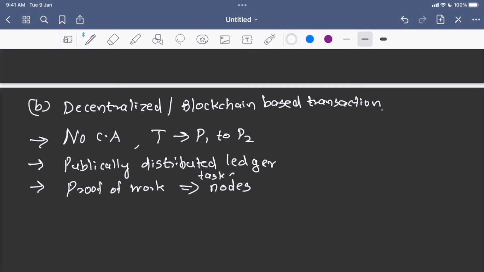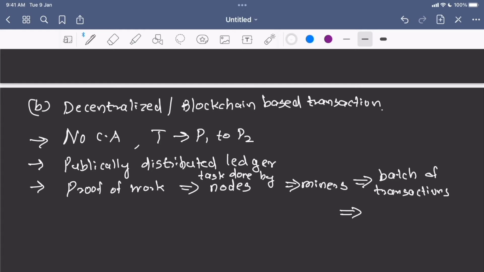task done by nodes which are called miners to confirm a batch of transactions. So there are some nodes called miners which do a computationally heavy task and confirm a batch of transactions.